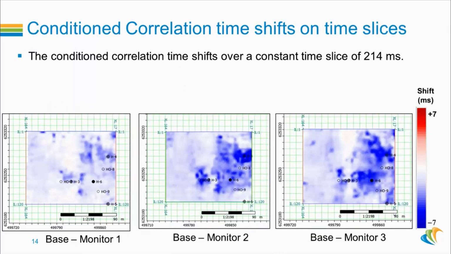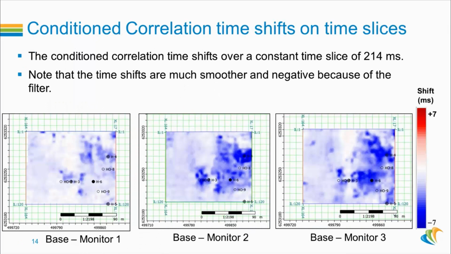So what we do now is I'm going to show the correlation coefficients on the 3 time shifts, and now you can see there's a much better indication of that steam front advancing on the right-hand side, or the eastern side of the reservoir, especially in the area of the H6 well when we get to the third monitor.